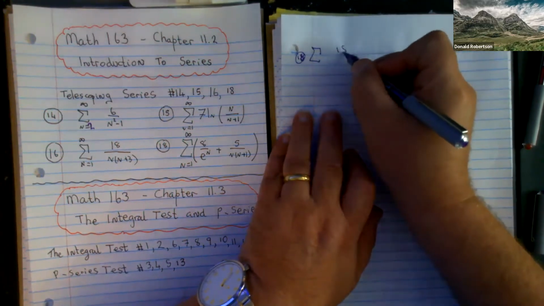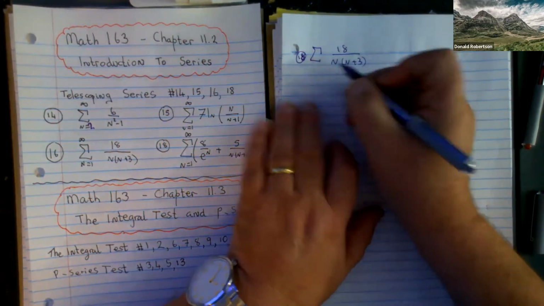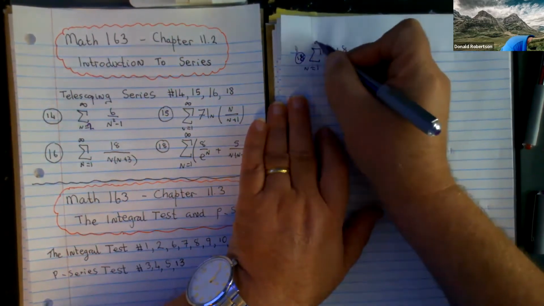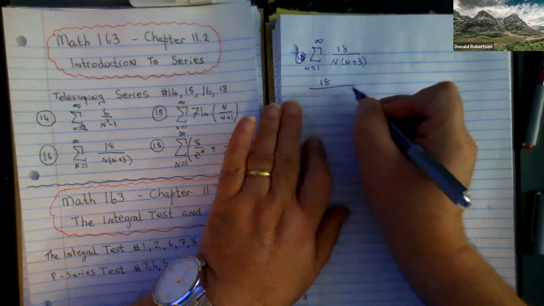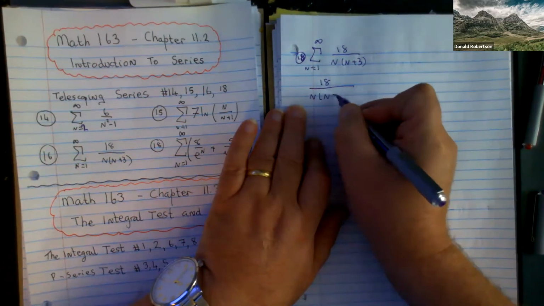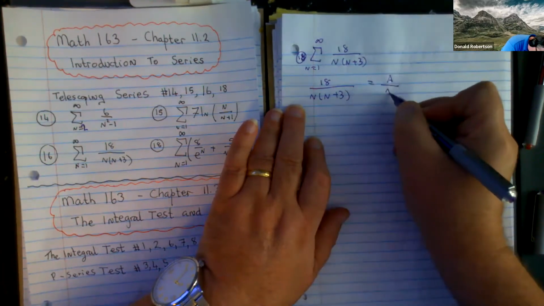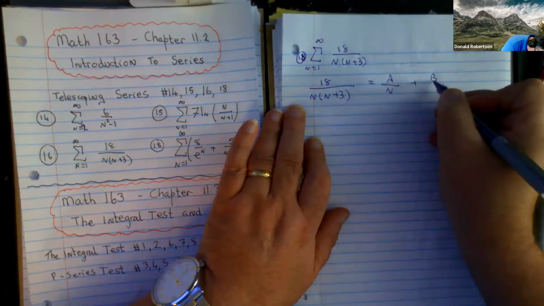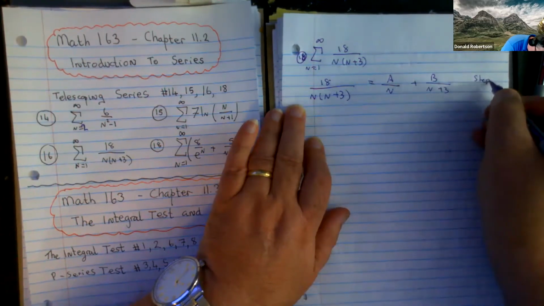So it's 18 over n plus 3 from 1 to infinity. So I'm going to take this guy and turn it into its partial fractions. So that's essentially step one.